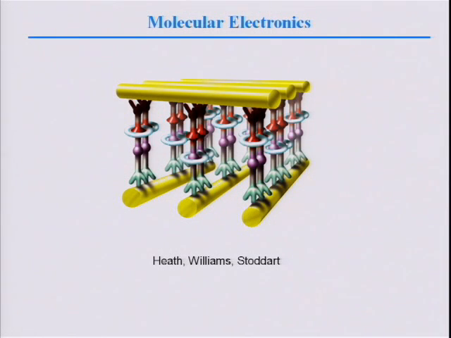In this structure, the yellow color indicates the metallic electrodes, and this indicates the molecule. So they sandwich molecules between two sets of electrodes, and try to apply a voltage to induce a change in the molecules. They can store information right there. They can make the switch. This also is a very active research area.